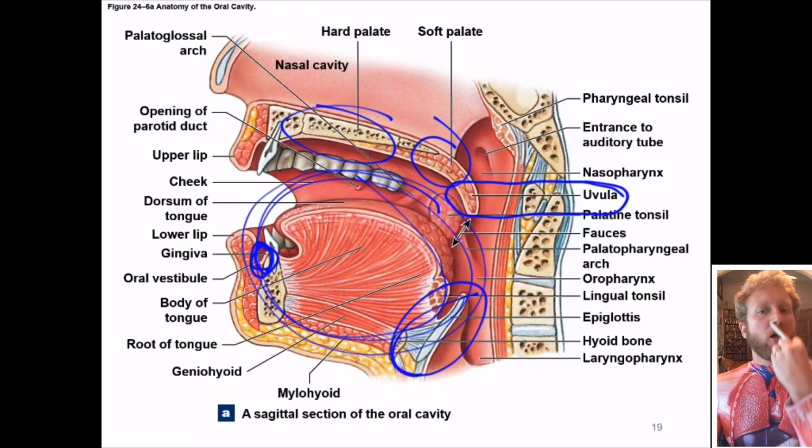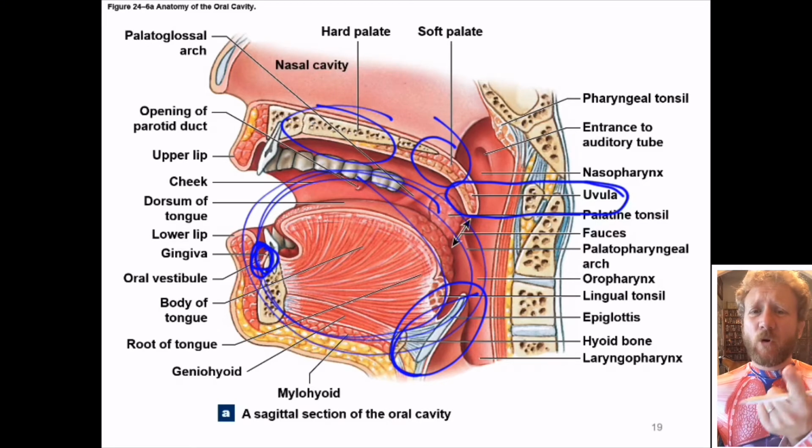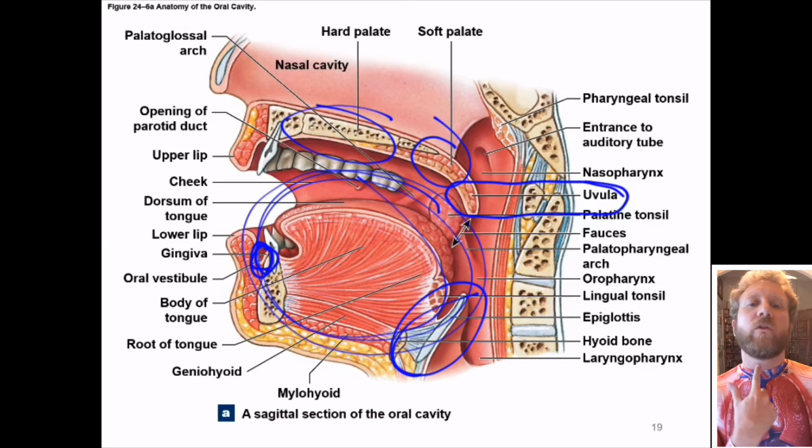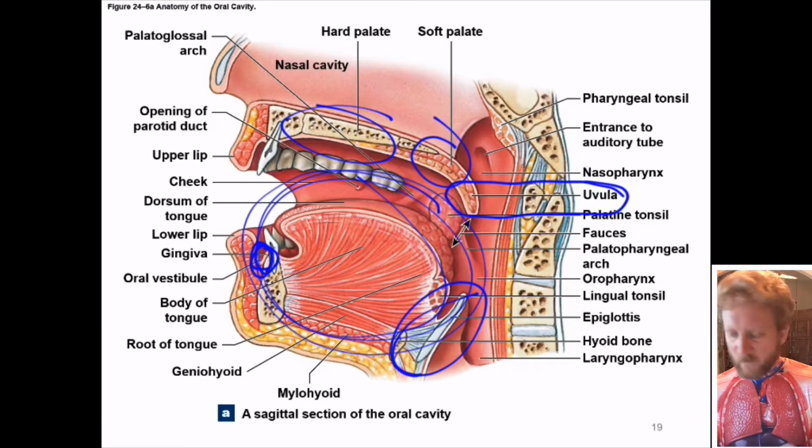But when you swallow, this is why it's important not to talk while you're eating. When you swallow, the epiglottis closes, restricting access to your trachea so food doesn't go down your breathy throat. It goes down your foody throat, which is behind your trachea. And we'll take a look at that in greater detail also here in just a second.